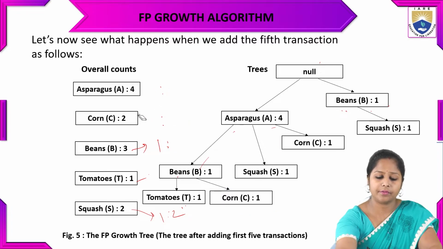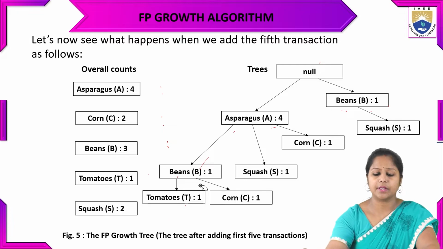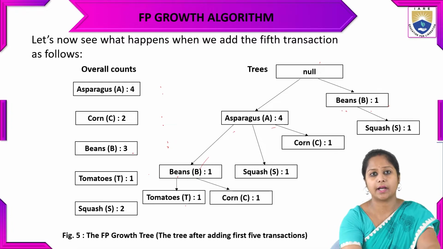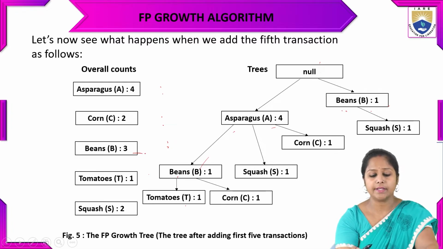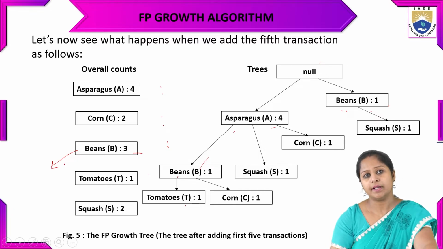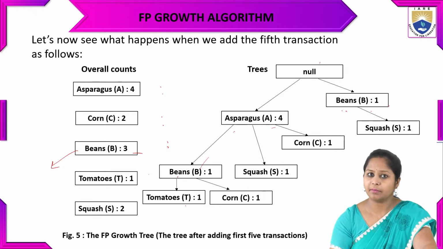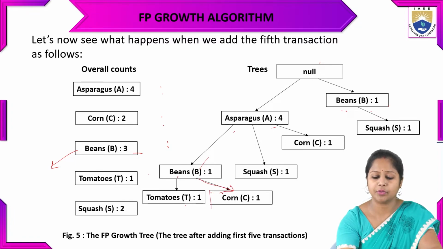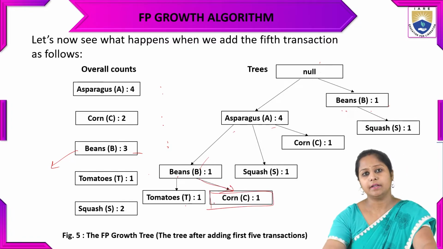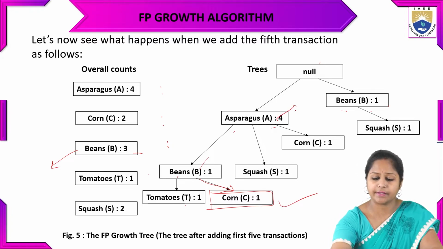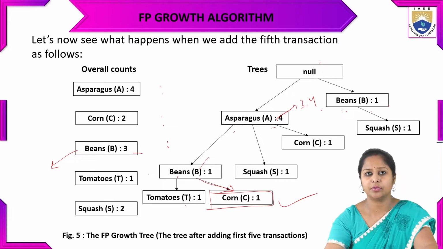So we have to add it with the beans, because it occurred after the beans. The main connecting node will be the beans. So we add the corn subnode with the beans with a count of 1, right? So we have increased this node from 3 to 4.